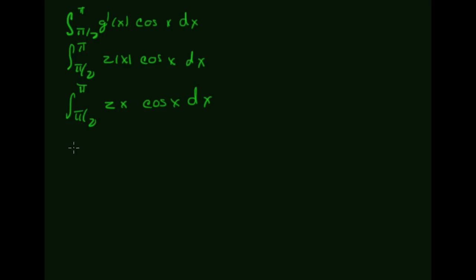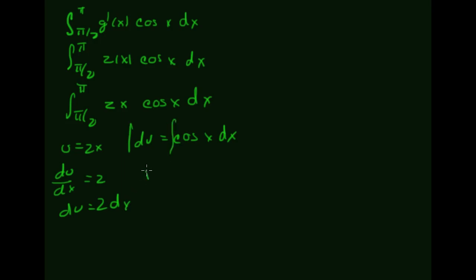So this is an integration by parts problem. Let u equal 2x and dv equal cosine x dx. Then du is 2 dx. Taking the integral of both sides, v is the sine of x.